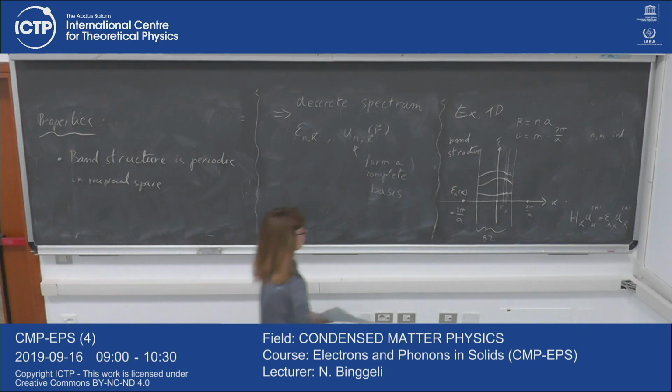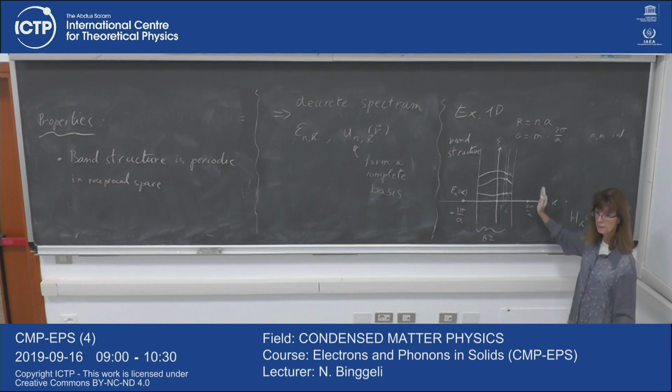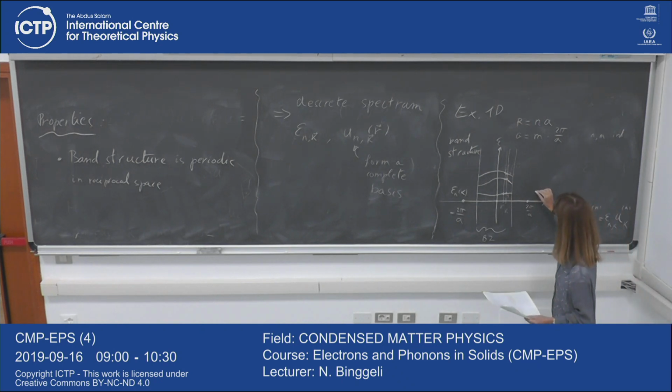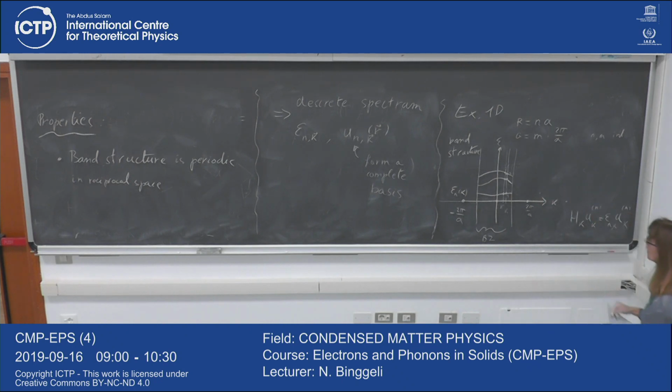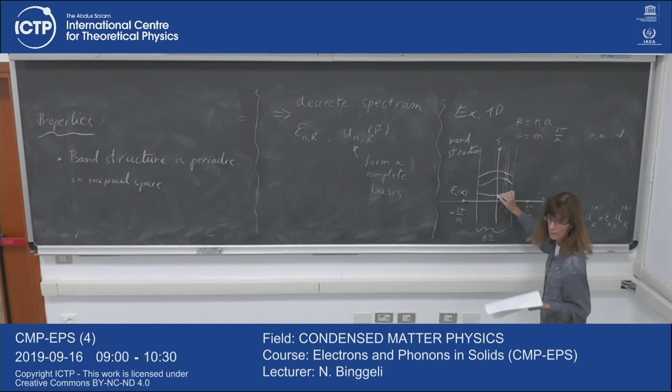That is, if you take a K outside the Brillouin zone, an eigenstate outside the Brillouin zone, we know that it can be rewritten as an eigenstate inside the Brillouin zone. Of course, since it's the same state, it will have the same energy.